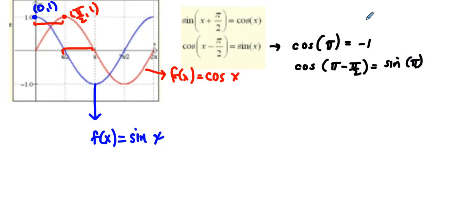Oh, sorry, I started in the wrong order. Okay, so the cosine of pi minus pi over 2, the cosine of pi over 2, should equal the sine of pi. Let's see if that's true. The cosine of pi over 2, which is right here, should equal the sine of pi. Yes. Okay, I was going to start another example, so don't worry about that. So that's what this is saying here. So I'm going to keep going.